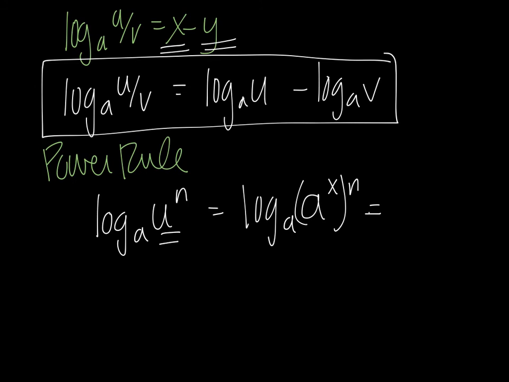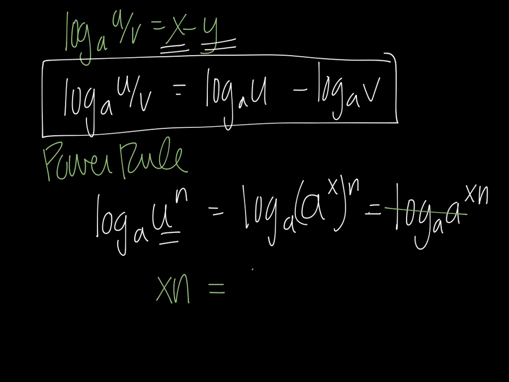And I know from my really basic properties that when you take the log of something that has the same base, you're just left with the exponent. So this is the same thing as xn, or nx, which means I'm going to be left with xn.